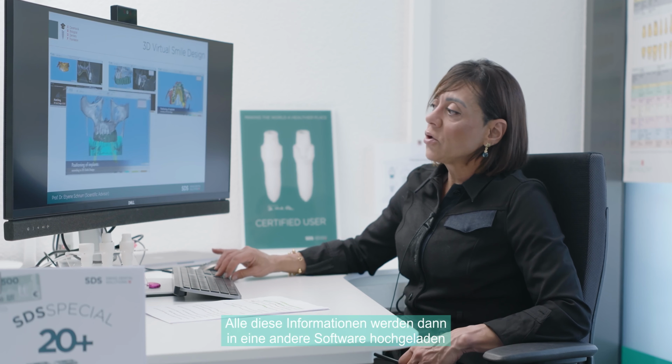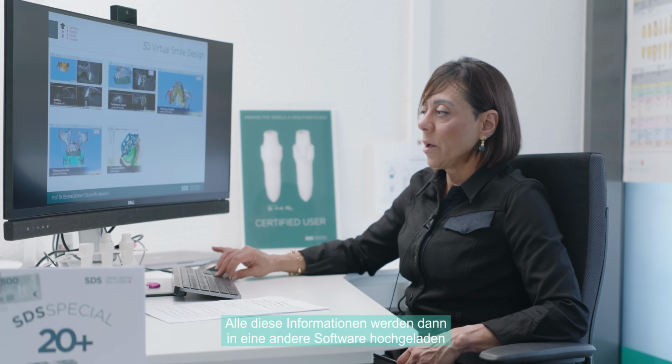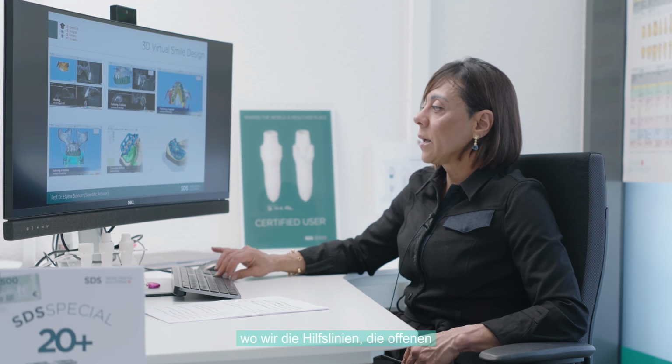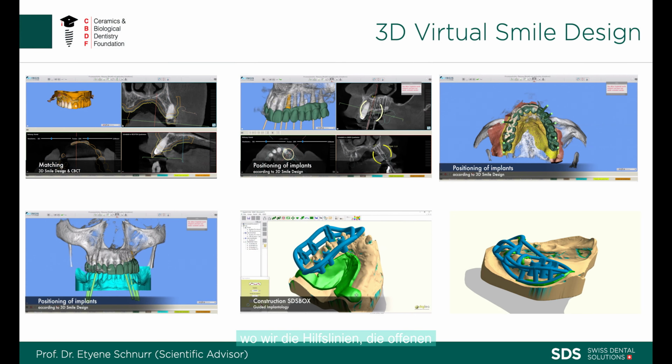All this information is then uploaded to another software where we can design the guides, the open guides, and then print them. In this case, the guides were printed in the SDS Prosthodontic Laboratory.